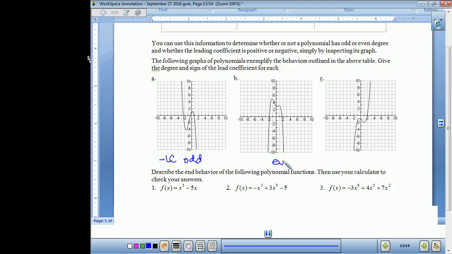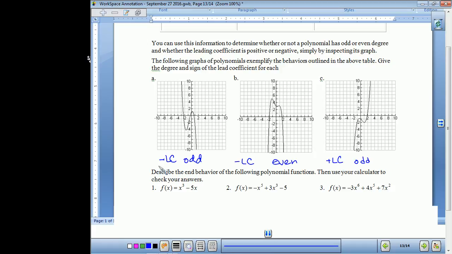Even. And because they're both going down, a negative leading coefficient. These are going opposite, so the degree must be odd. But it's falling to the left and rising to the right, so that's a positive leading coefficient.